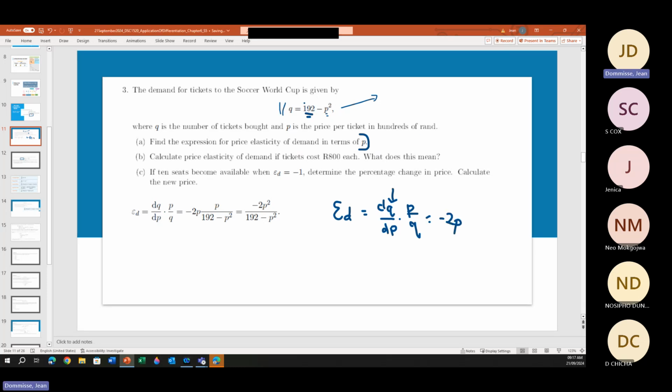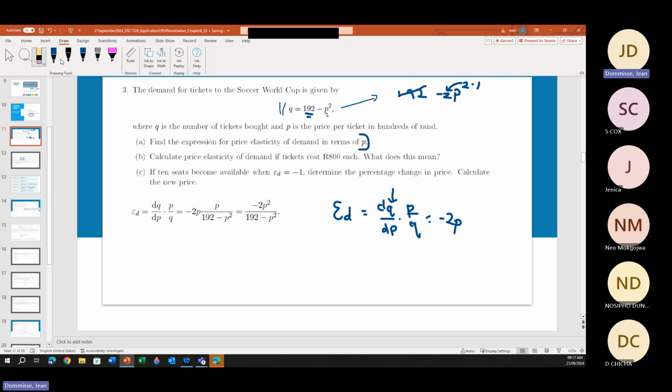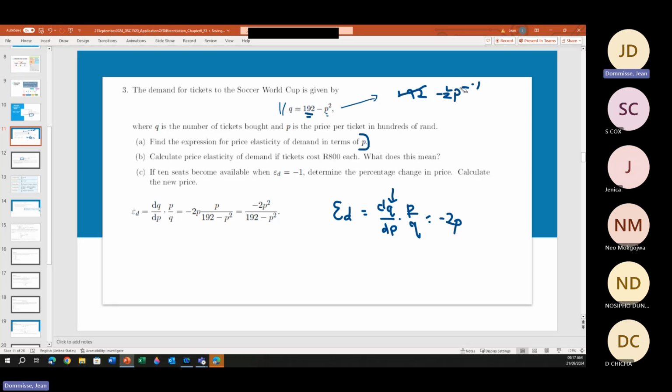So just remember from last week, if we differentiate 192, because it's a constant, it falls away, and the 2 goes in front. 2 minus 1 is 1, so we can take that away.